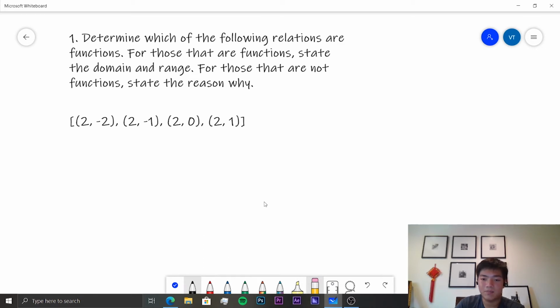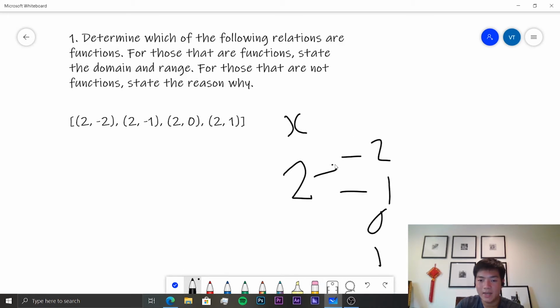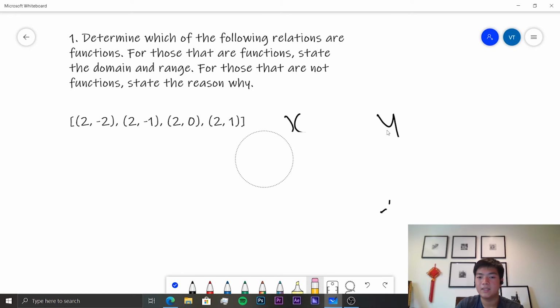On the x side we have 2, and on the y side we have -2, -1, 0, and 1, and it's mapping to all of these. So this is clearly not a function. Okay, let's move on to the next one.